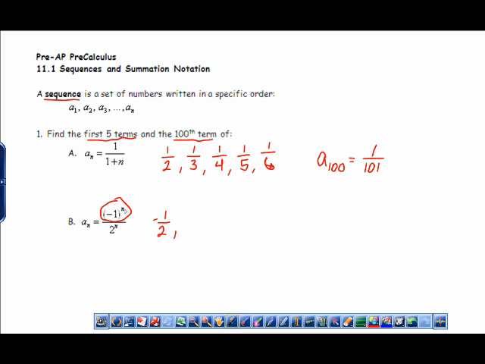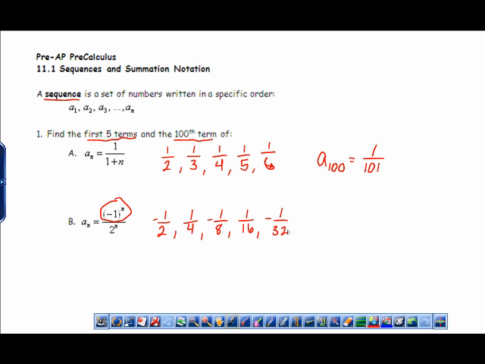Okay, so now we plug in a 2. Negative 1 squared would be positive, 1 over 2 squared, which would be 4. So we can see that we're doubling the denominator. So the next term is going to be an 8, or 2 cubed, and it's going to be negative, and so on in every other aspect. So hopefully you're predicting what the next term is, and it said we had to find 5.